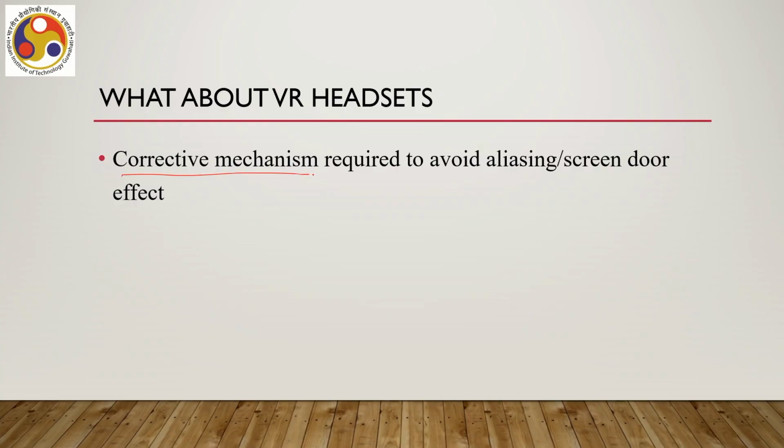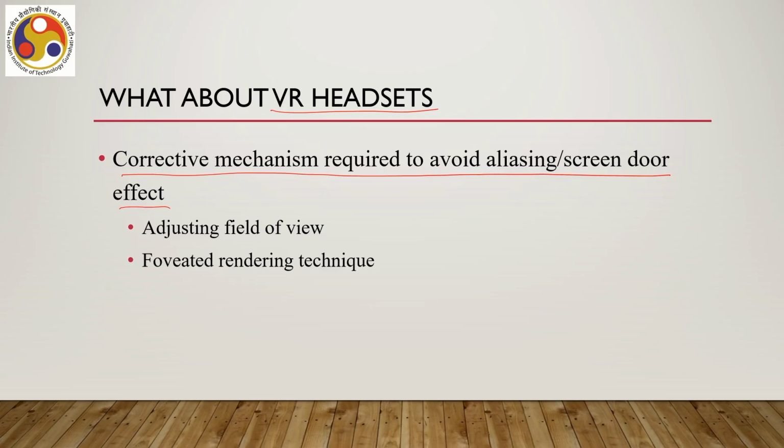Also, we require corrective mechanisms to avoid aliasing or the screen door effect for VR headsets in particular. Now, that can be done through several means. For example, adjusting the field of view of the headsets, then foveated rendering techniques.